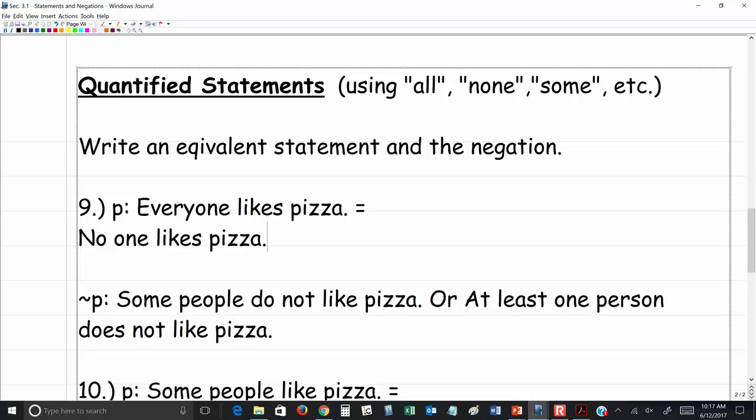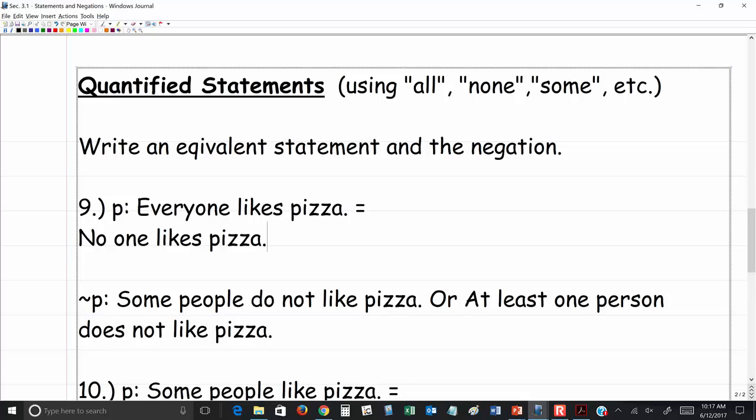They would say that the negation would be no one likes pizza. However, the reality is that both of these statements are false, right? If both of these statements are false, then they cannot be negations of one another, because with two statements that are negations of one another, one of them has to be true and the other one has to be false.